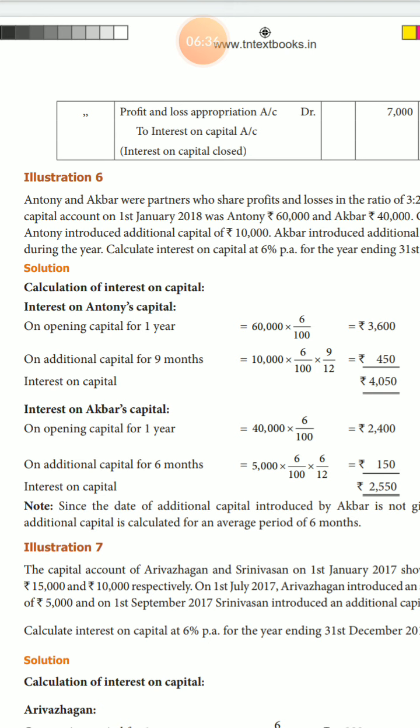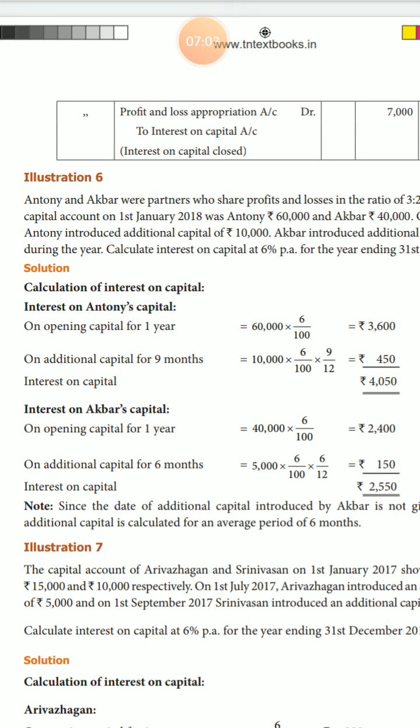You write the solution. First, you write each person separately. First person is Anthony. Second person is Akbar. First you write interest on Anthony's capital account.